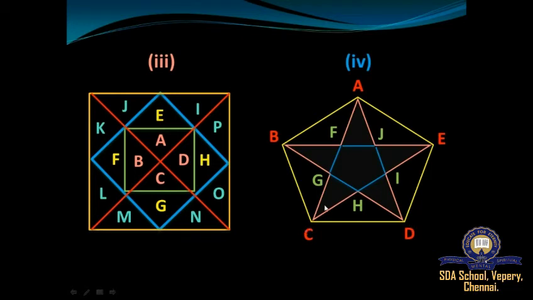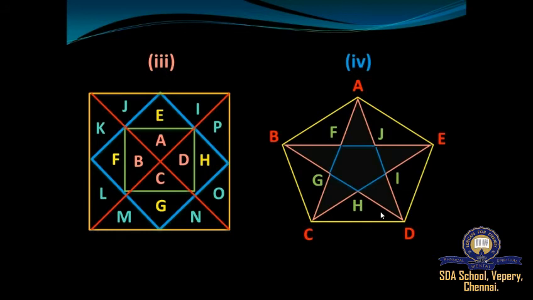I am going to combine CGD, CID, DJE, DHE, EIA, EFA, AGB, AJB, and then BHC and BFC. When I combine these 2 triangles, I again have 10 triangles.